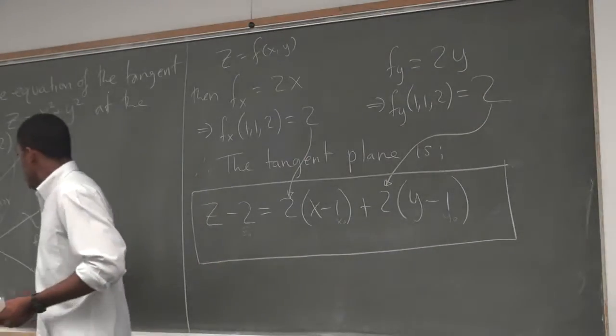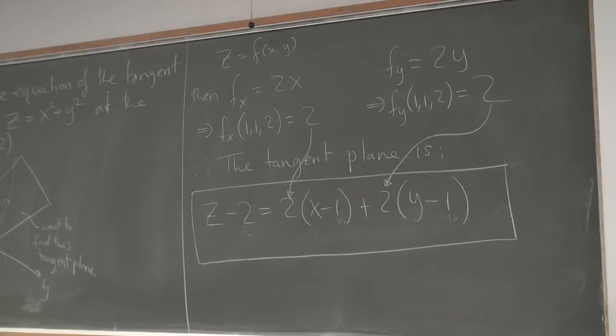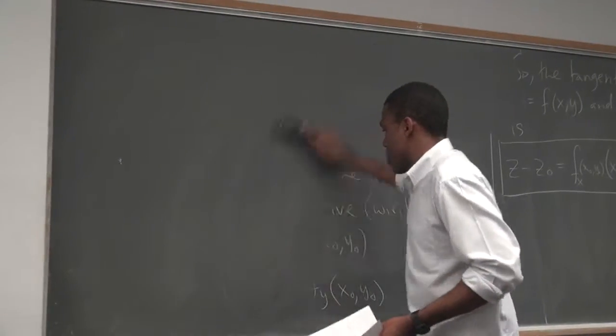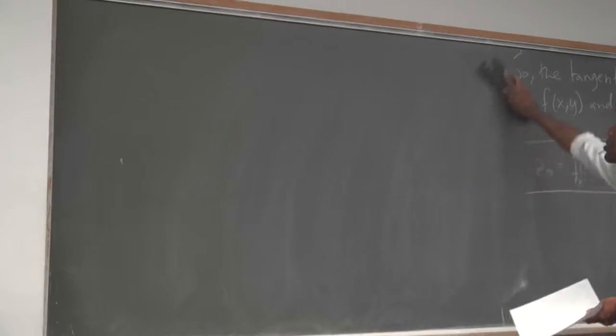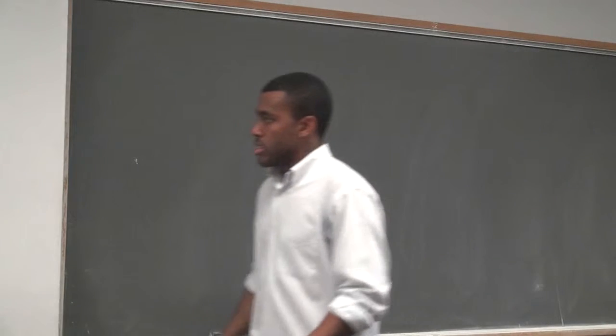And the tangent plane actually gives us the equation for a linear approximation, just like the tangent line does. Which means we can evaluate points on the surface by knowing what the points are on the tangent plane. You can get a very good approximation, depending on how the surface looks. Because again, this is a linear function.